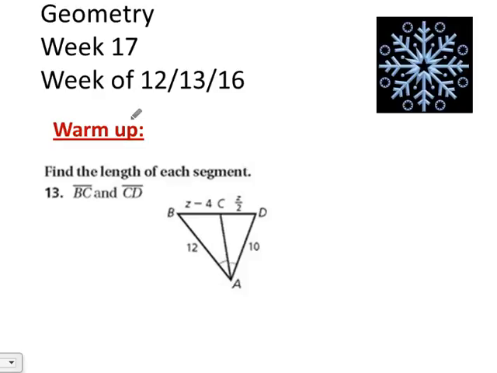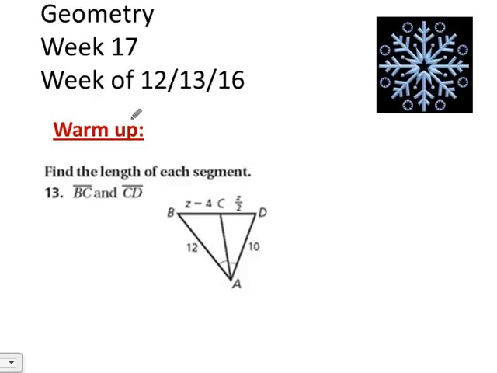That is exciting. So we're going to start with a warm-up that goes back to some stuff we learned last week, where we've got a triangle with an angle bisector drawn in and some labeled side lengths.